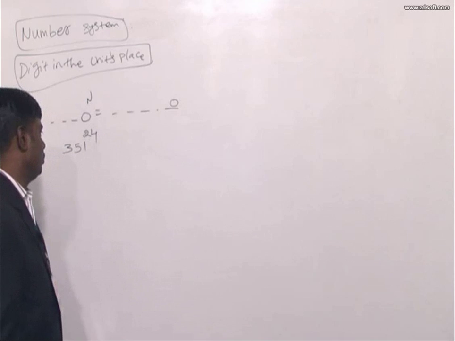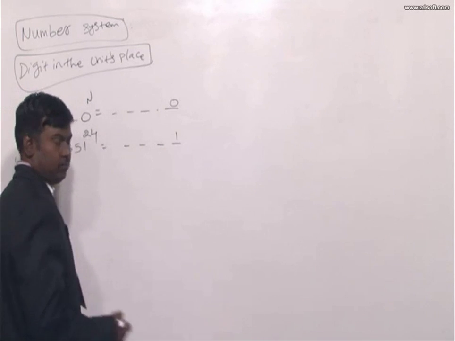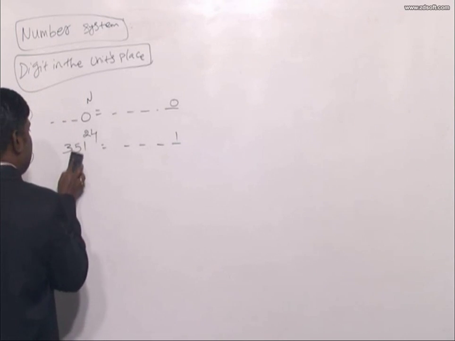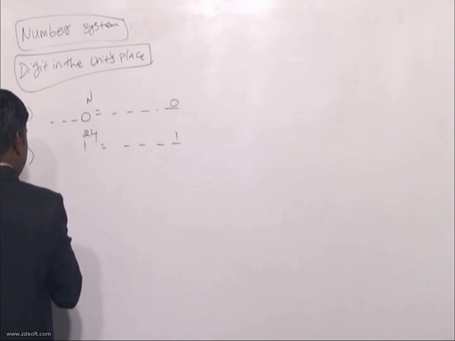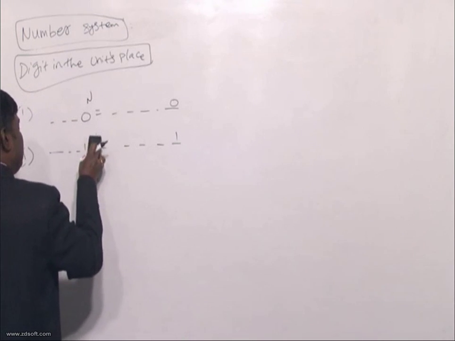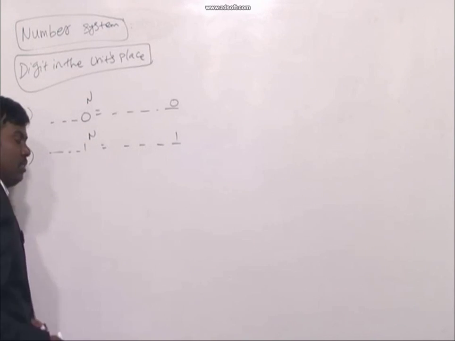Using the same logic, what do you understand? A number that ends with 1 raised to the power of n, where n is a natural number, will have last digit as 1.